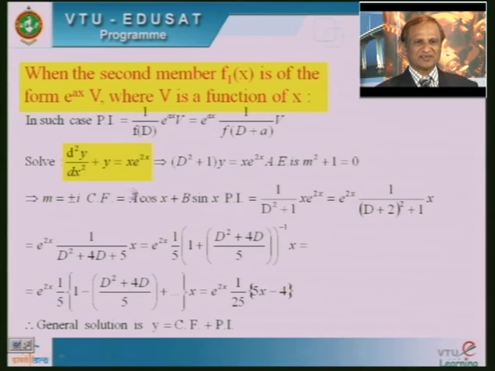That is why I have not written e to the power 0x. A into cos beta x, according to the superposition principle. I have not written beta because beta is equal to 1, so 1 into x. Exactly in the similar way, b into sin beta x, beta meaning 1. I hope we can obtain the complementary function.